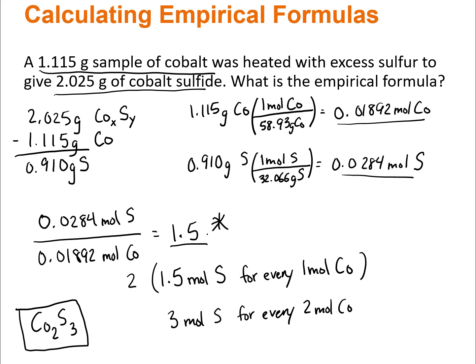What that means is for every 1.5 moles of sulfur, I have 1 mole of cobalt. So you have to understand what that ratio is. Well, we can rewrite that 1.5 as 1.5 over 1. So it would be moles of sulfur over moles of cobalt. But since we need a whole number ratio for an empirical formula, you have to multiply by 2 to get rid of the 1.5.